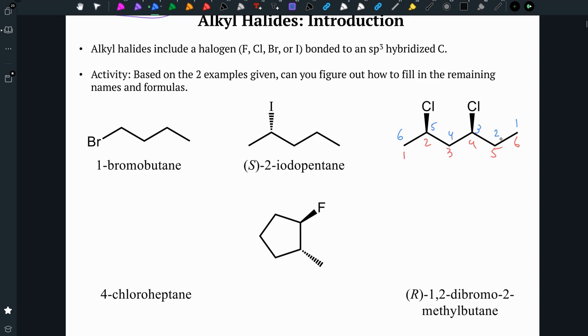So I'm going to keep the red numbers because that gives me lower numbers. So I said this is going to be a hexane, so that's the end of my name. And then the two substituents are chlorines, so those are going to be named as chloro groups. There's two of them on carbons 2 and 4, so this is going to be 2,4-dichlorohexane.